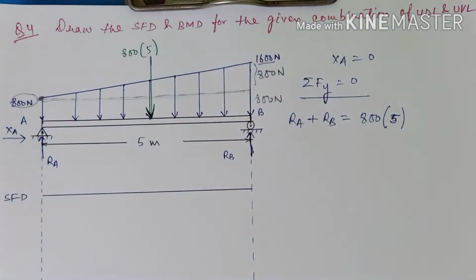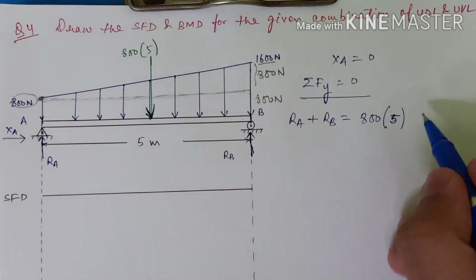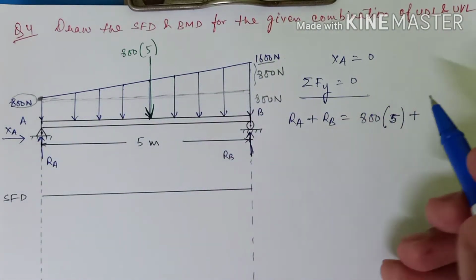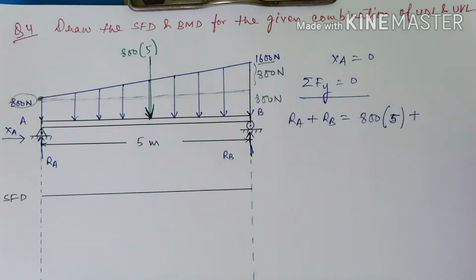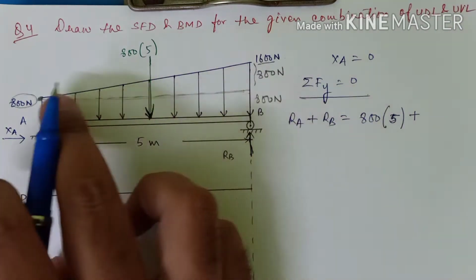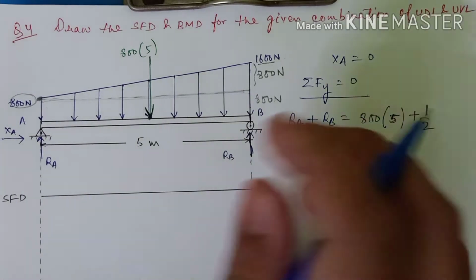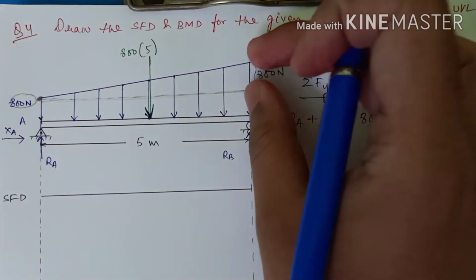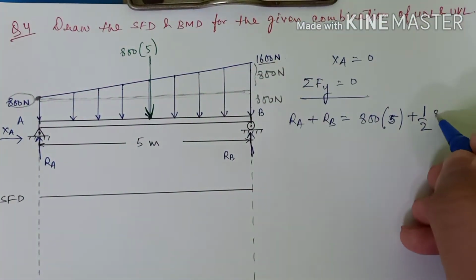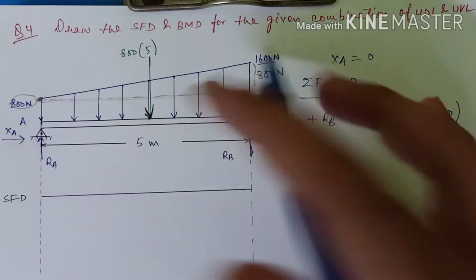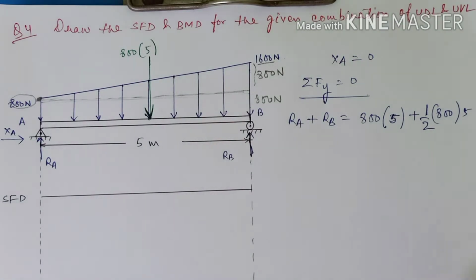What else do we have? We have this UVL, and we know how to find the value of the UVL. We just have to find the area of this triangle. So this is half, base is 800 if you consider this as your base, and this height will be 5.